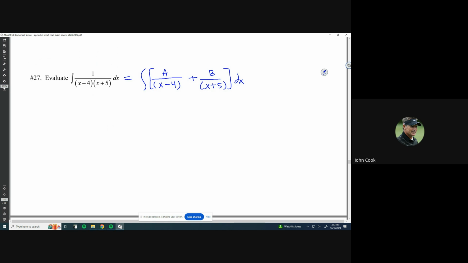So the algebra behind it is the way that we add fractions. It's kind of like the reverse of adding fractions. If I have 2 fractions, like 1/2 and 1/3 or something, okay? If I want to add fractions together or subtract them, I need to find a common denominator.